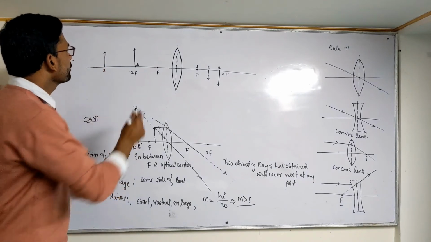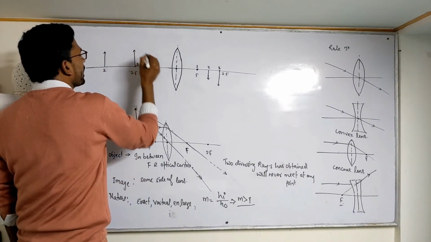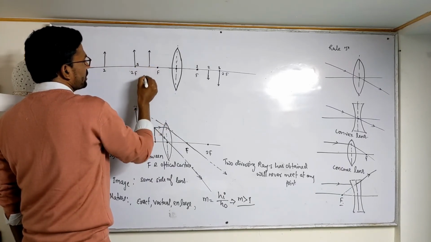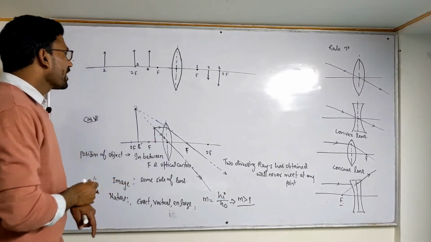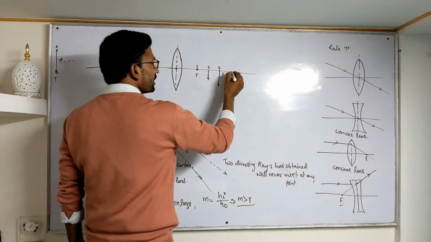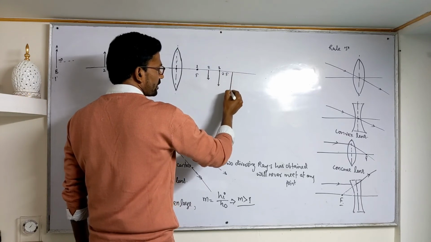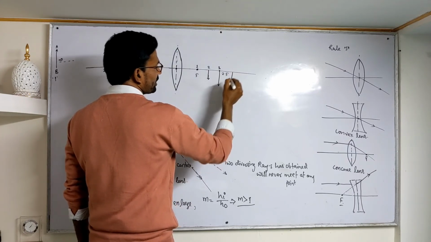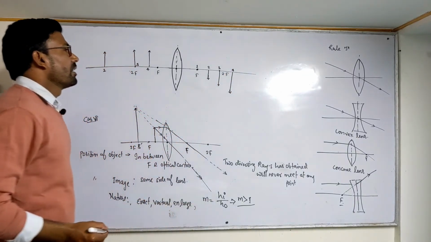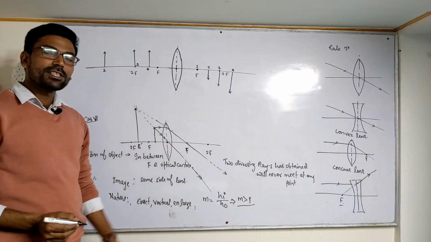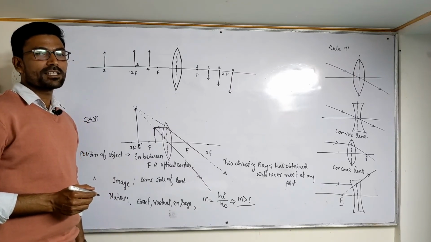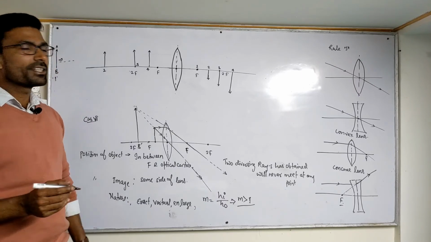Again, put the object somewhere between f and 2f, that is the fourth case we have discussed. The image is formed beyond 2f on the opposite side of the lens, and now the image is enlarged, or larger compared to the object. It is also a real image, and it is also inverted.